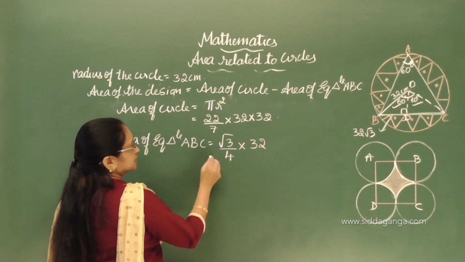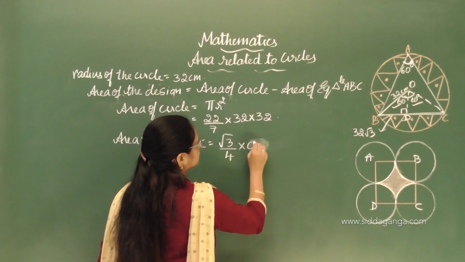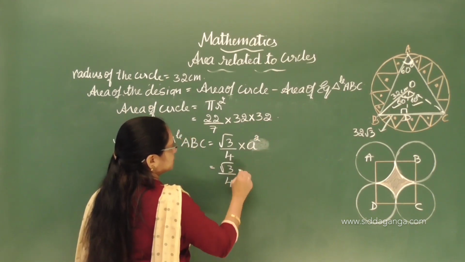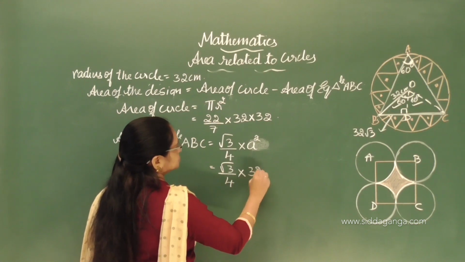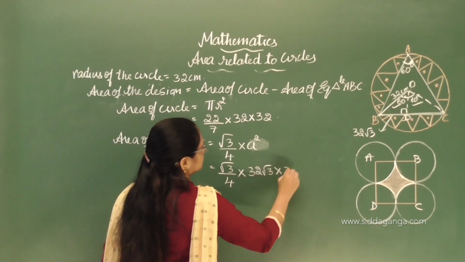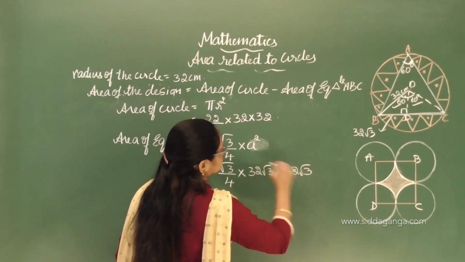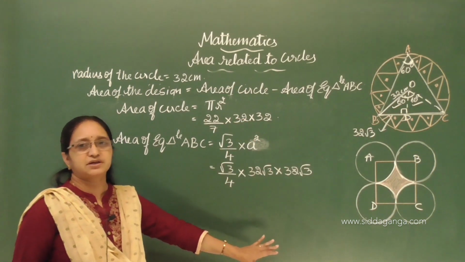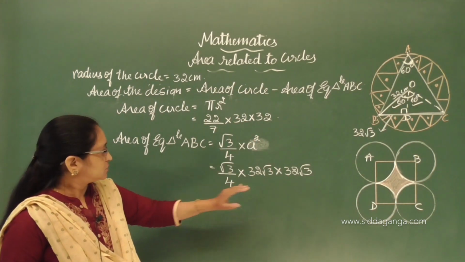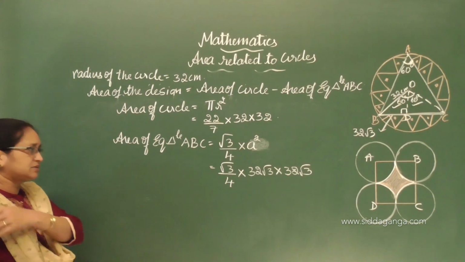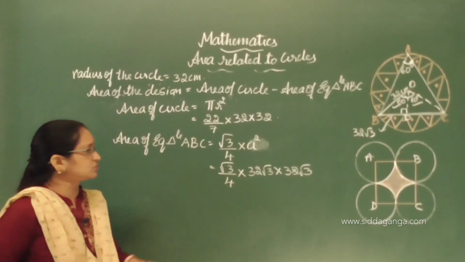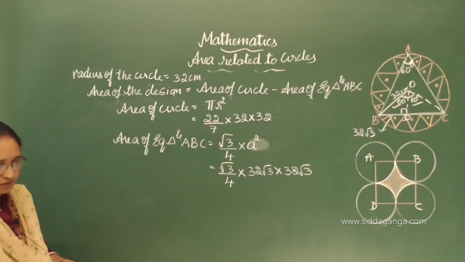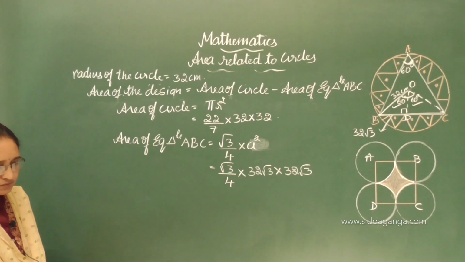So I will write the formula here: root 3 by 4 A square, that is equal to root 3 by 4 into A square, which is 32 root 3 into 32 root 3. So now you only have to simplify it and get the answer. So now try to simplify it. Root 3 into root 3 is 3, we can do it. Now let us try to solve it.